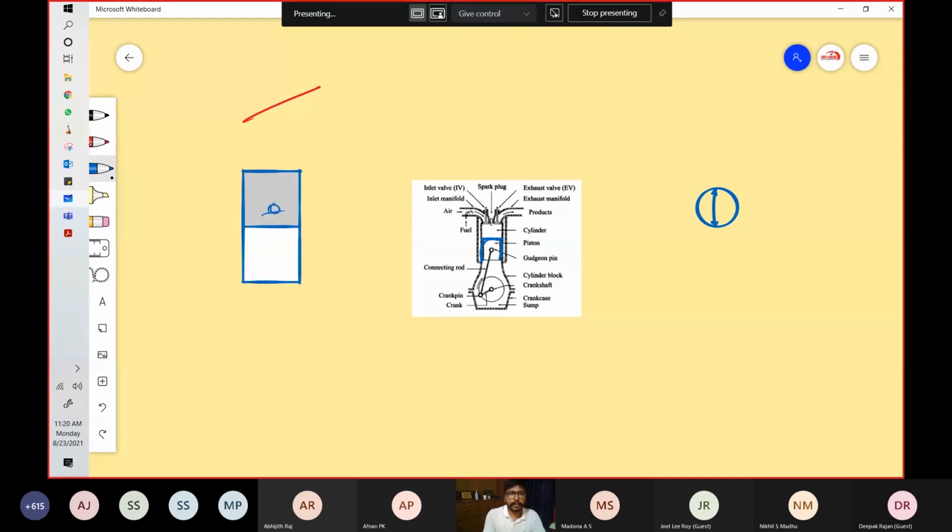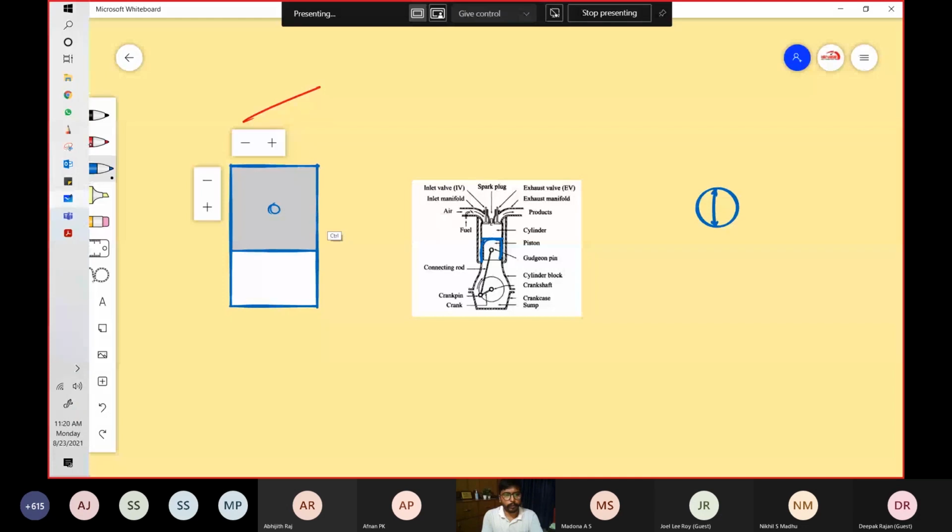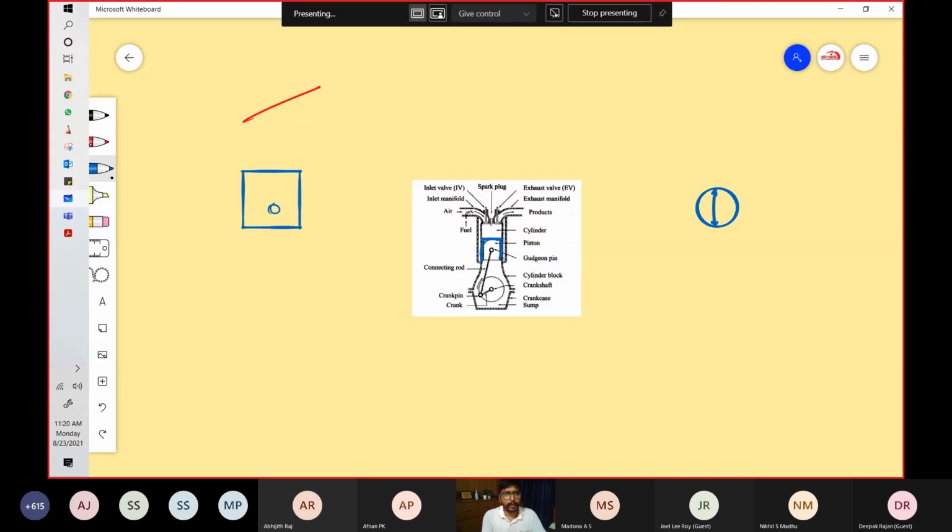And this would be the connecting rod. Okay, so you will see that this piston top view can be drawn like this. So this is the diameter, and this area, if we calculate it, will be known as the piston area.